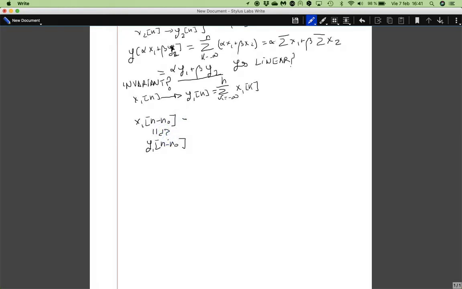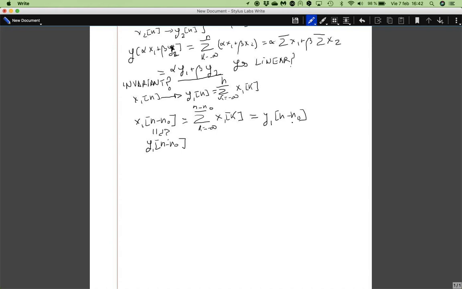Okay, so let's calculate this. This is the summation from k equals minus infinity to n, but in this case n is n minus n0, of x1[k]. And this is, by definition, exactly y1 of n minus n0.